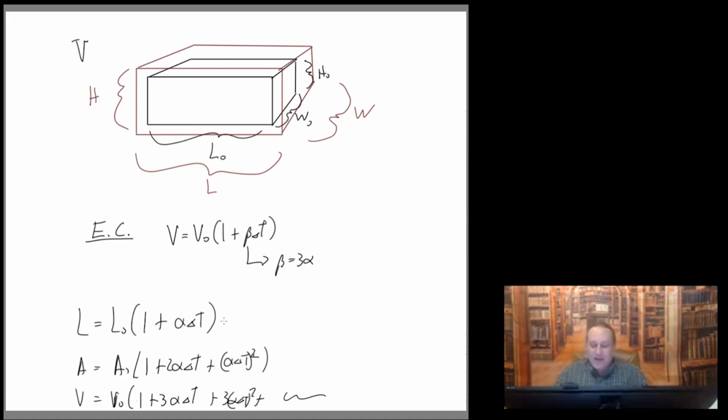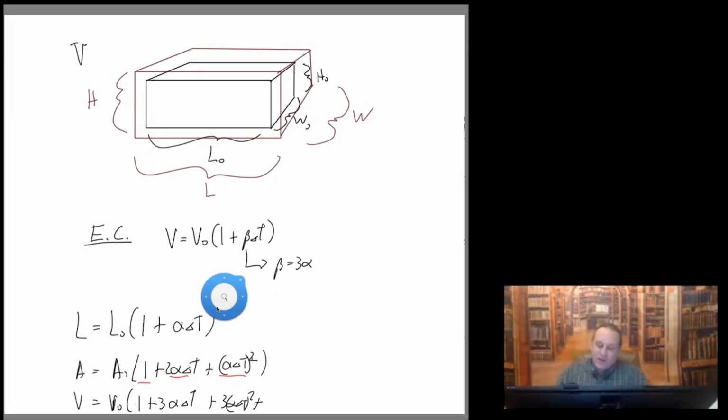What I'm thinking about is how we have kind of a constant term and then an alpha delta t and then alpha delta t squared and even an alpha delta t cubed and to the fourth power and so on. It looks a little bit like a Taylor series. And in fact, this formula for the length is not really correct.